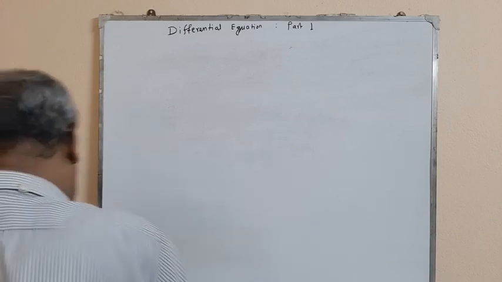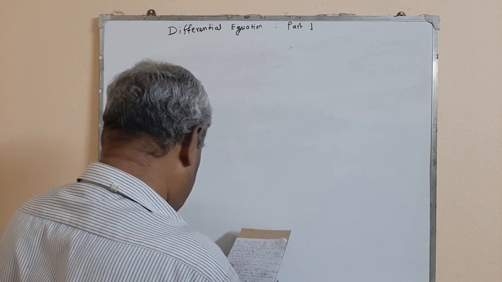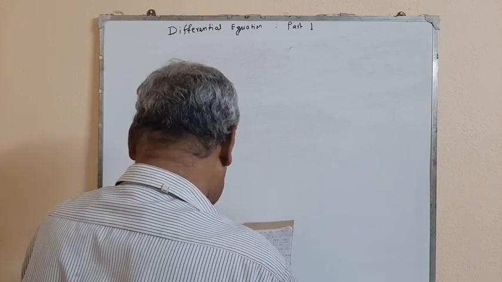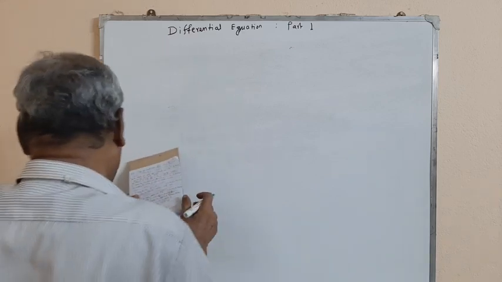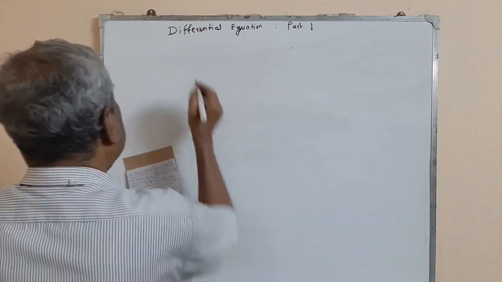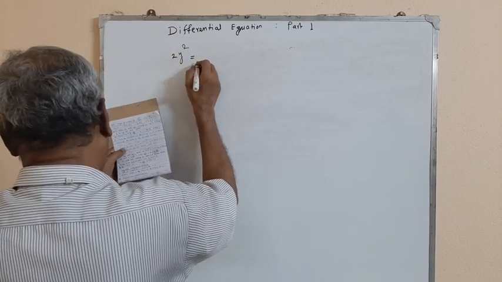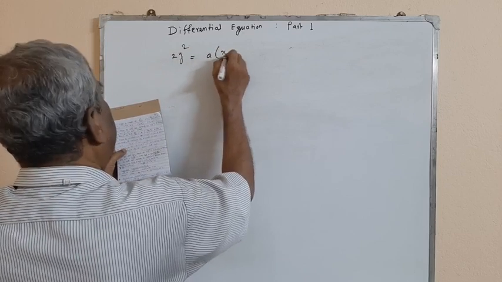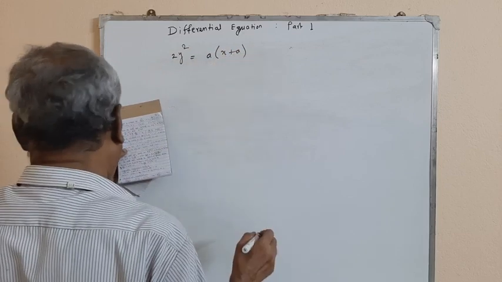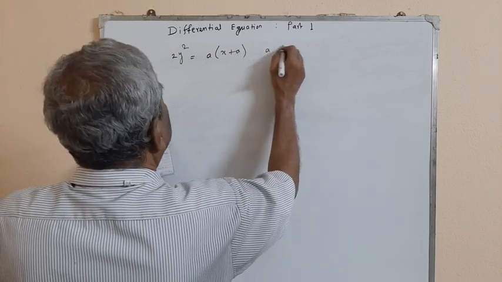Next problem. The differential equation corresponding to 2y square is equal to a into x plus a square, a being an arbitrary constant.